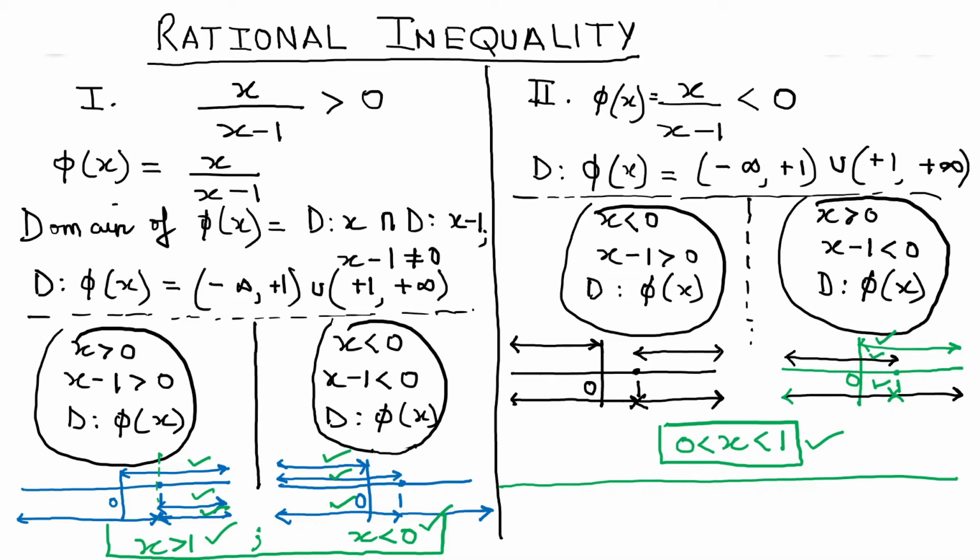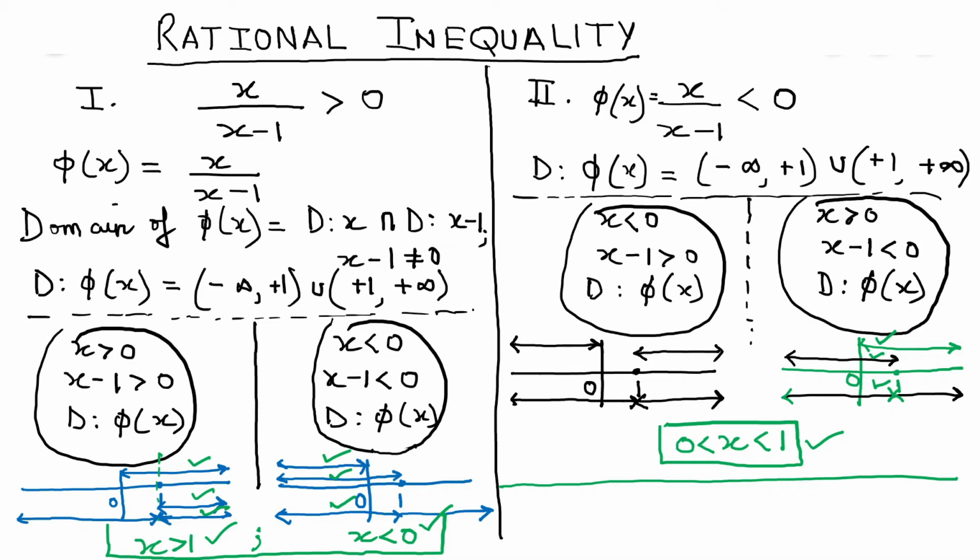Does it give me the domain of phi x? It gives me all such values of phi x except for x is equal to 0 and x is equal to 1.